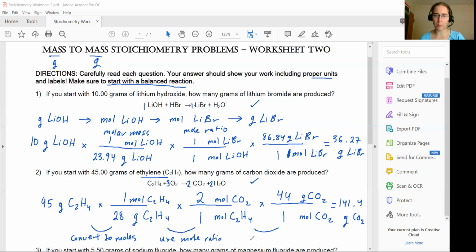And here's the step where you convert back to grams, again using the molar mass, because you always use the molar mass to convert between grams and moles. All right, so that's how you solve problems 1 and 2. Stay tuned for Dr. Kopf to show you how you solve problems 3 and 4.